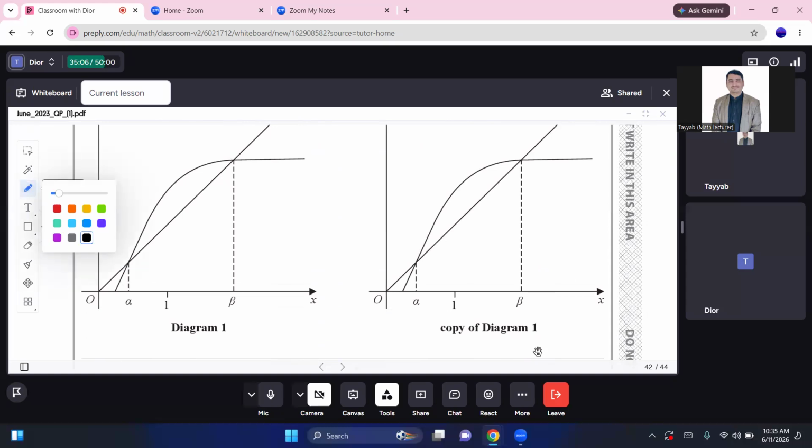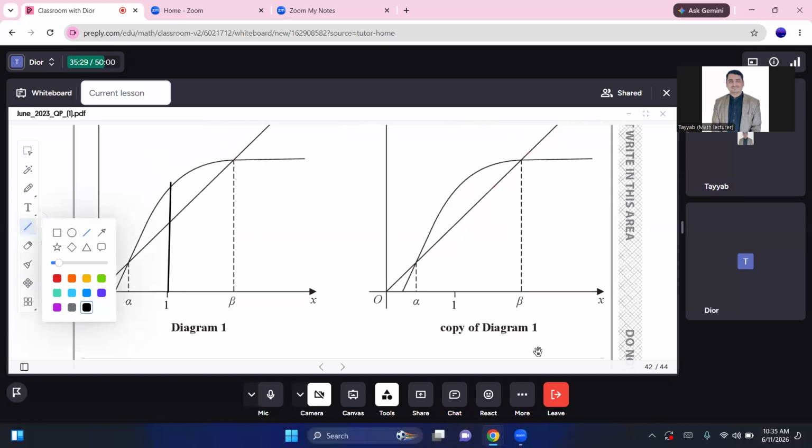So, okay, for example, this one, and then this one, and then, okay, do it manually once.